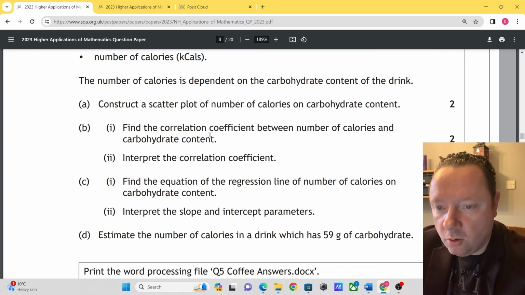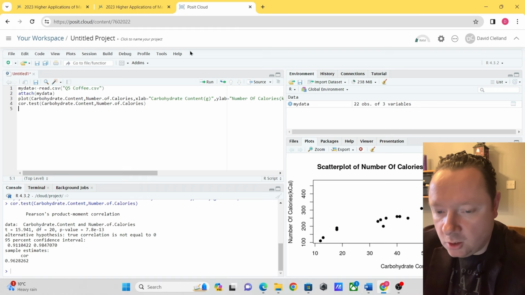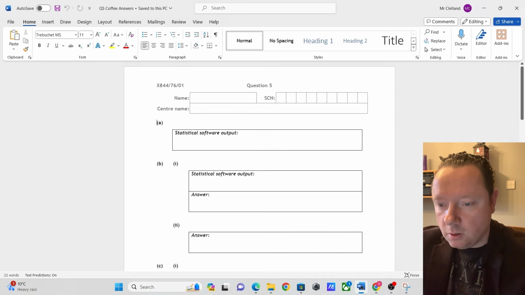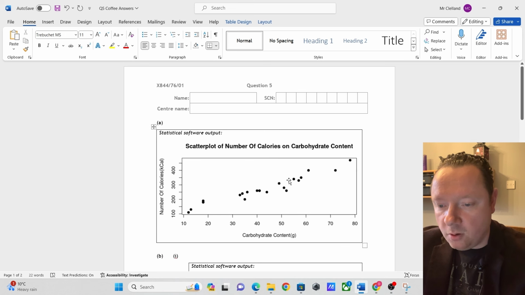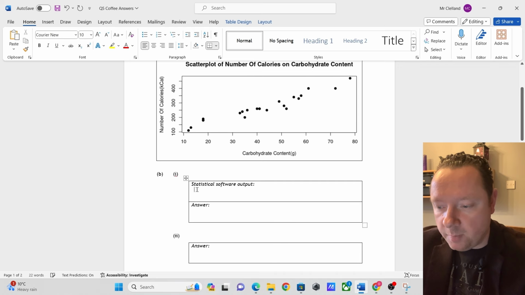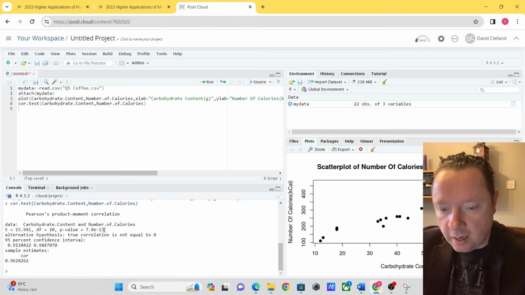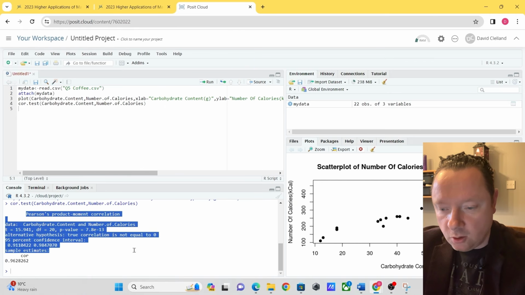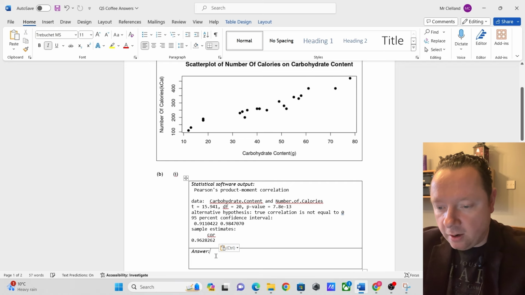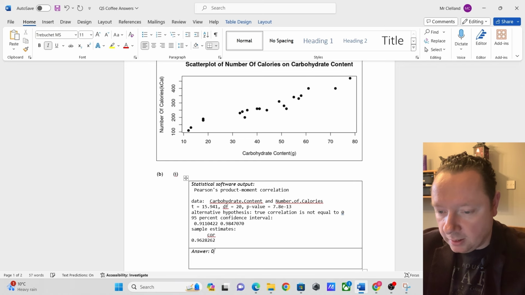Interpret the correlation coefficient. Okay, so let's copy this into our answer sheet. So there's our answer sheet there. You can just copy your scatter plot, and then part B, your statistical output, that is our Pearson's correlation coefficient. We can put that there. We can write our actual answer, 0.9628262.